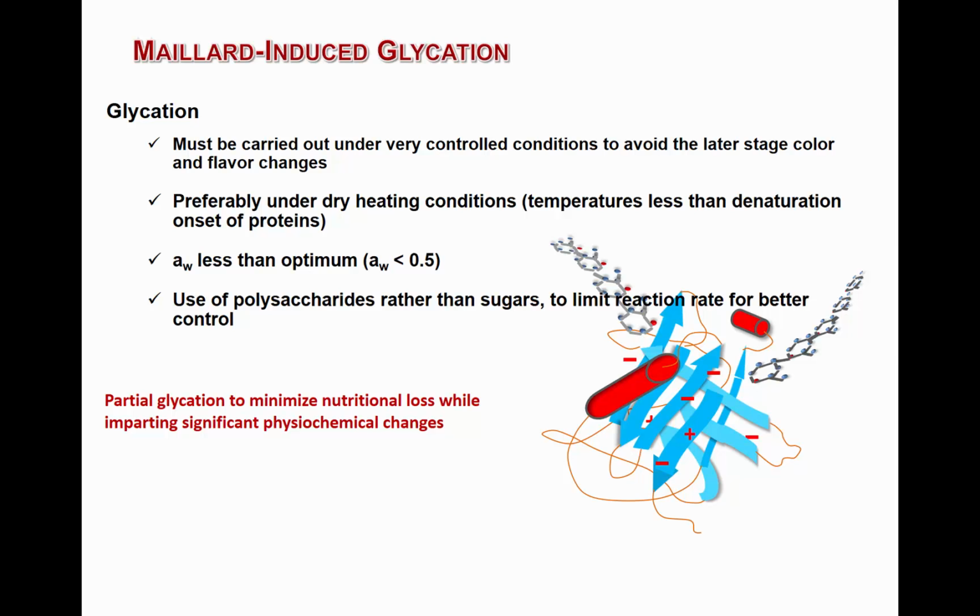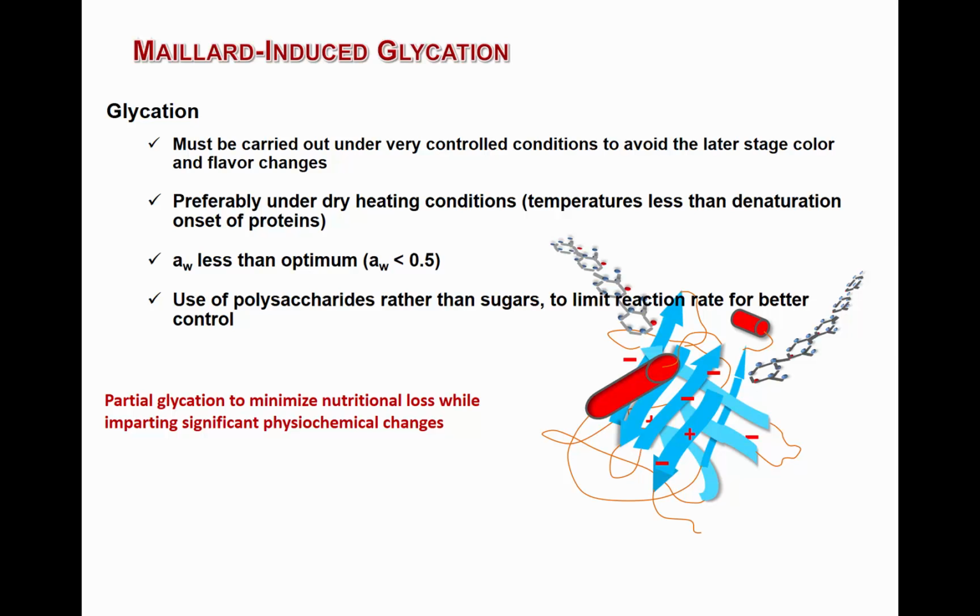The research so far that has been successful was done under dry heating conditions, since temperature is another factor that increases the rate of the reaction. So if you do it under reduced temperature and water activity, which is limiting the moisture, below the optimum of the Maillard reaction.